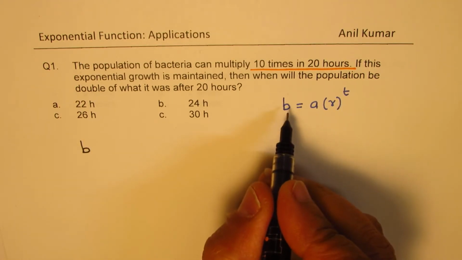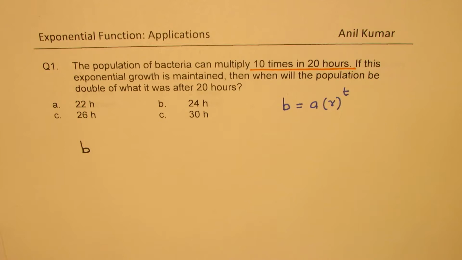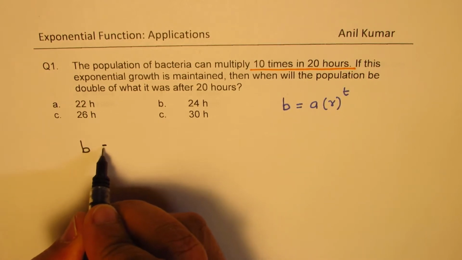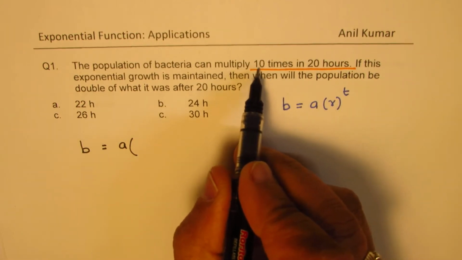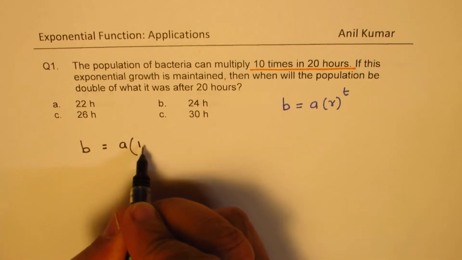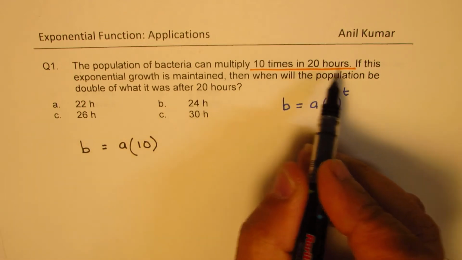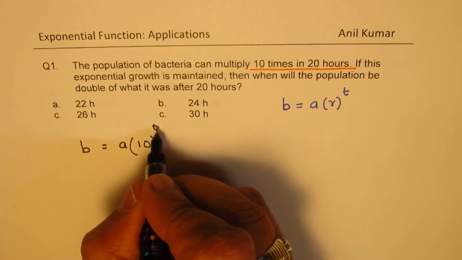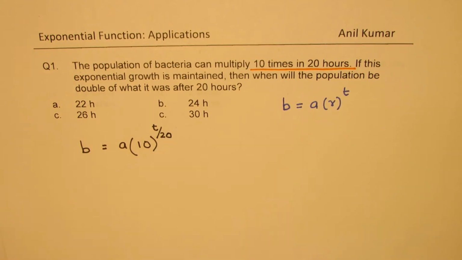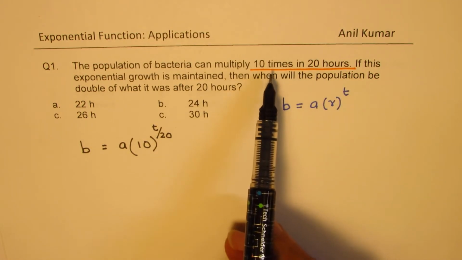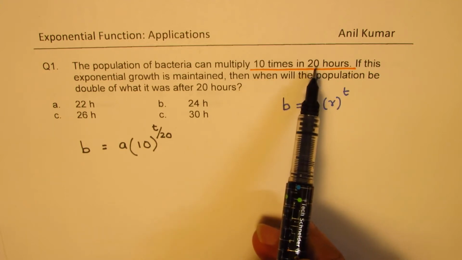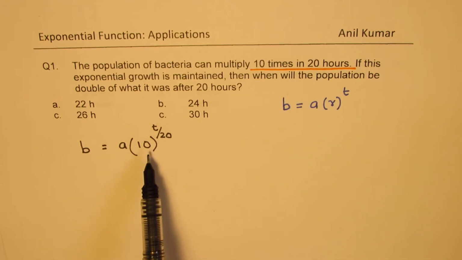The population at any point, I'm just using B, you could use population P, is the initial population A times the multiplication factor 10 to the power of T over 20. Now that is a neat way of writing your equation whenever you are given a multiplication factor. Use this information to write an equation.